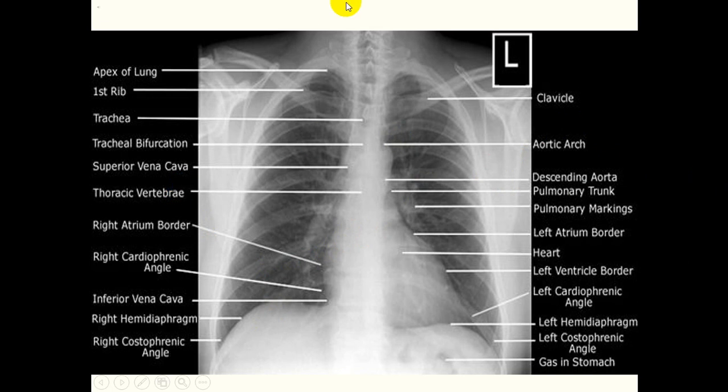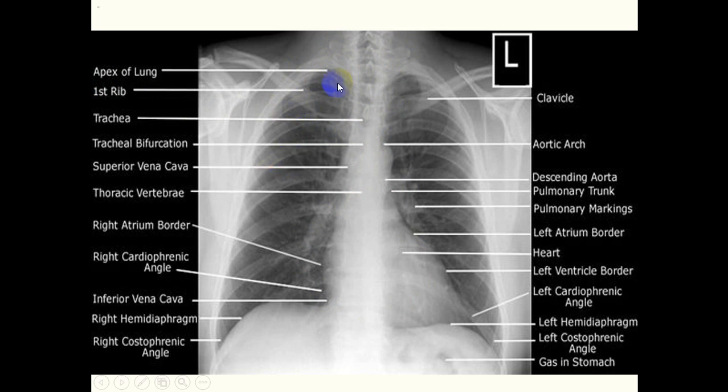So talking about the bones first, the thoracic vertebrae are not perfectly seen here as they are overlapped by other shadows, but in the upper part we can observe their thoracic spines as well as the transverse processes of the thoracic vertebrae. We can also identify the ribs and count their number and identify the intercostal spaces here.